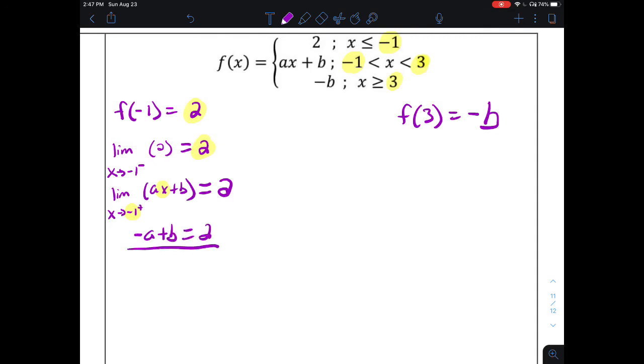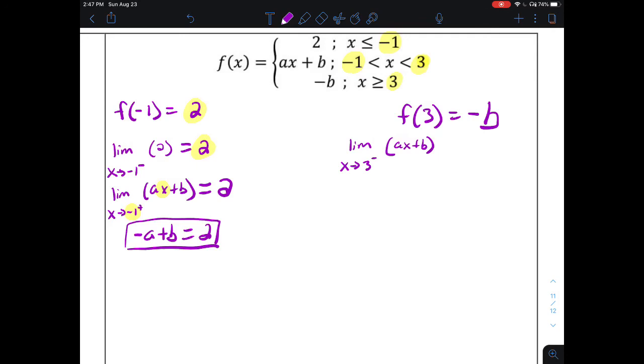So I have an algebra expression that I'm going to use in just a minute. Now I go to my second part where the break was, which was at x equal to 3, and I take the same approach. So I know that f of 3 is defined as equaling -b. Now I'm going to look at the one-sided limit. So the limit as x approaches 3 from the left, and I would use the ax plus b equation.